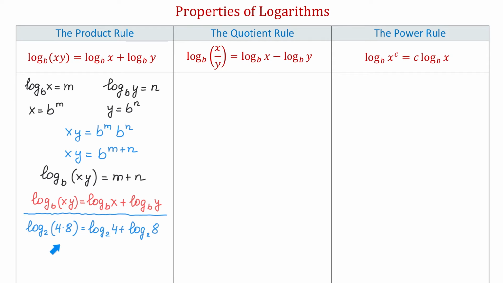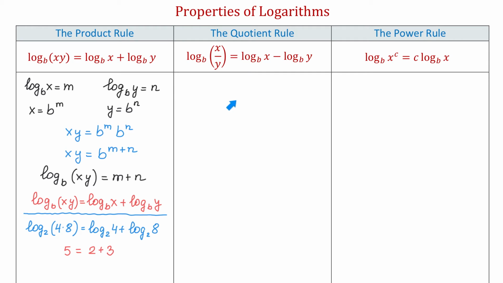On the left side, 4 times 8 is 32, then 2 to what power makes 32? That would be 5. So the value of the left side is 5. Now on the right side, 2 to what power makes 4? That would be 2. And 2 to what power makes 8? That would be 3. Then on the right side, we will have 2 plus 3, which makes 5.